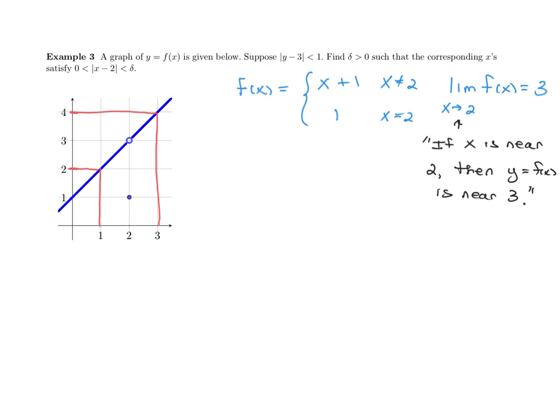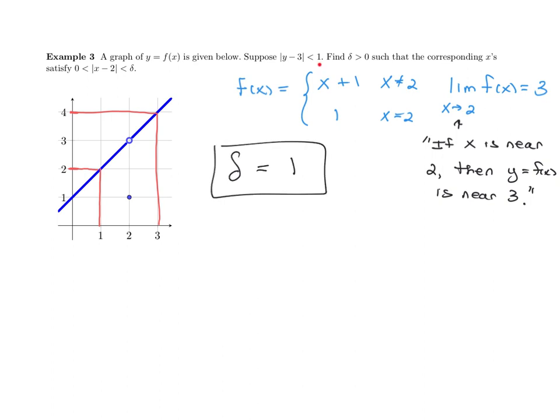But that's okay, and that's the reason for this greater than 0 part. It's saying you're actually not allowed to use the number 2. And we said that with the limit itself when we first defined it. You approach 2, but you actually don't technically use the number itself. So what is delta? We just found it. Delta is equal to 1.